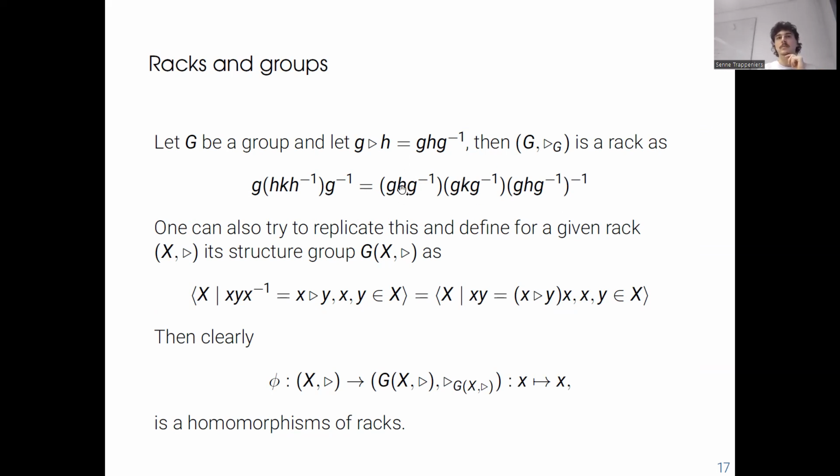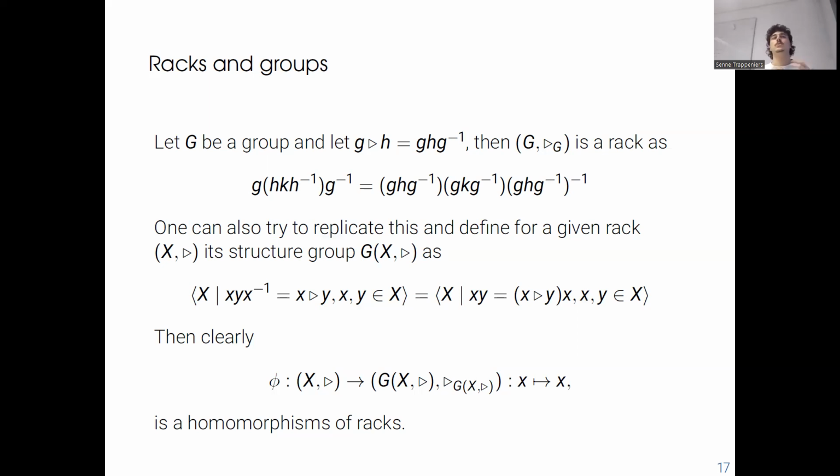It's just a matter of canceling G's and G inverses against each other, and then we find that these two things are equal. So this is a nice way to construct a rack, and then of course it's natural to ask whether all racks can be constructed in this way.